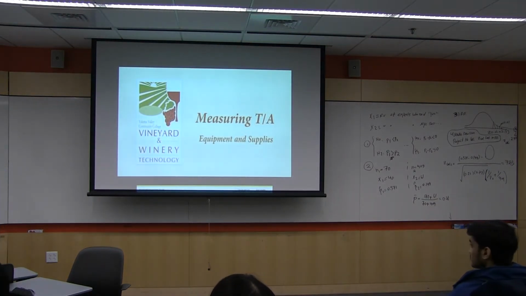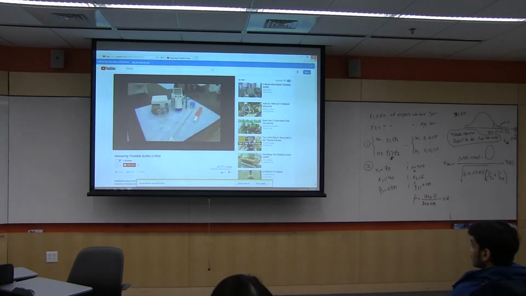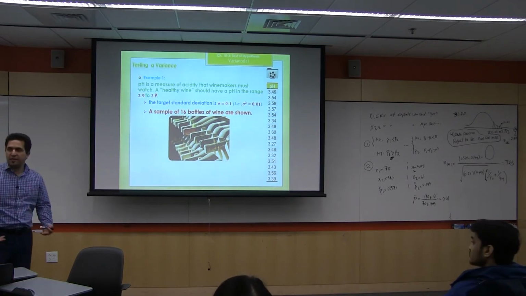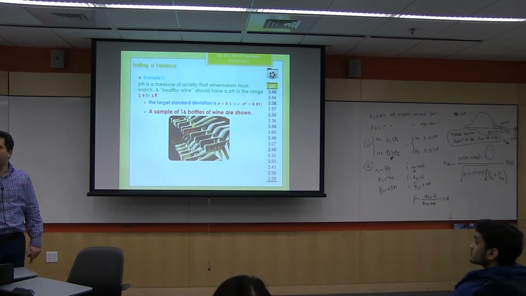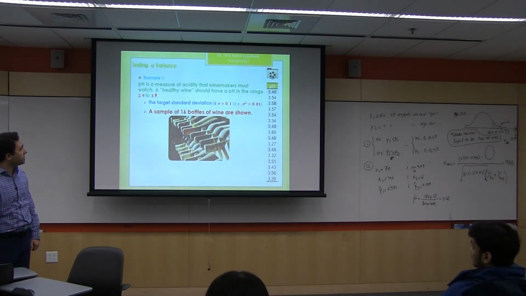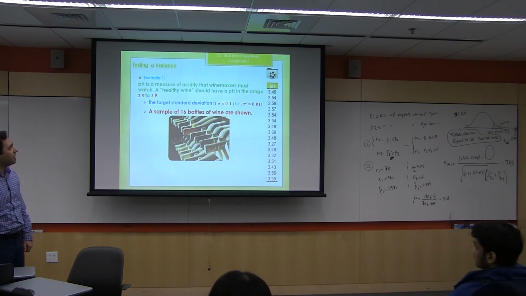Okay, I'm going to stop here. You can watch the video later by yourself if you're interested, but I just wanted to get two numbers from the video. It says the pH should be somewhere between 2.9 and 3.9 in order to say that we have a healthy wine with good acidity. So the standard deviation that we are testing here is about 0.1.